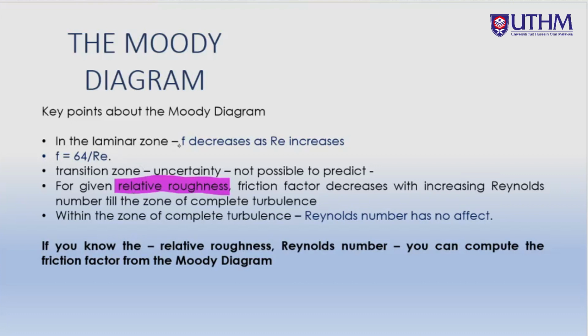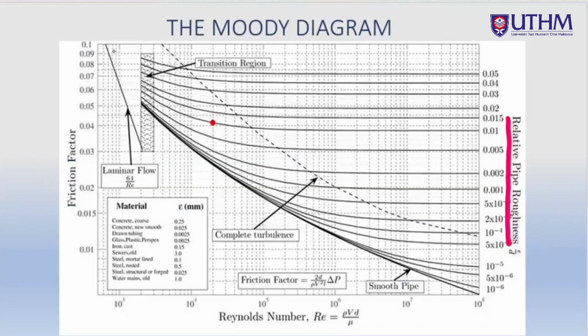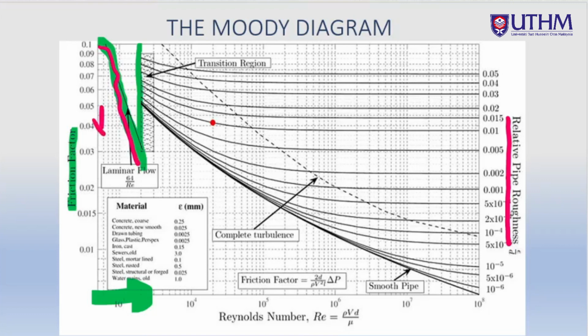So, in the laminar zone, f decreases as Re increases. Betul tak? And kalau kita tengok sini, in laminar zone, which is sebelah kiri ni, the value of friction factor here decreases as the Reynolds number increases. Betul tak? Dia berkurang, value of friction factor berkurang as the Reynolds number meningkat.